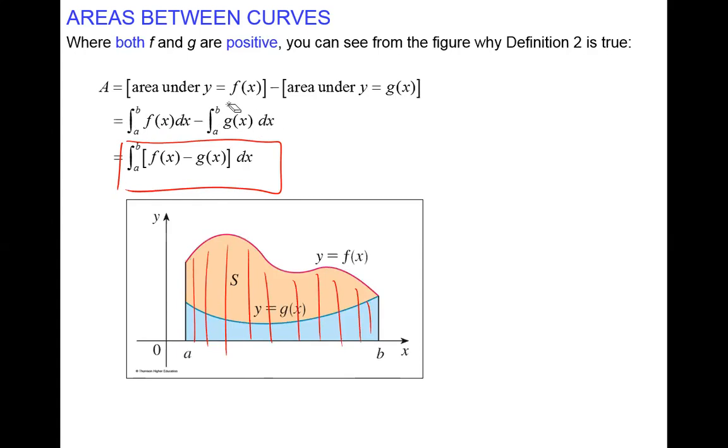And if I subtract the integral of g of x, which is the blue part, of course, I have the area between f and g. That is just another way to look at this. But I will repeat one more time: if you have a question, please find the area bounded by two curves, the answer is not negative, and the answer is not 0.